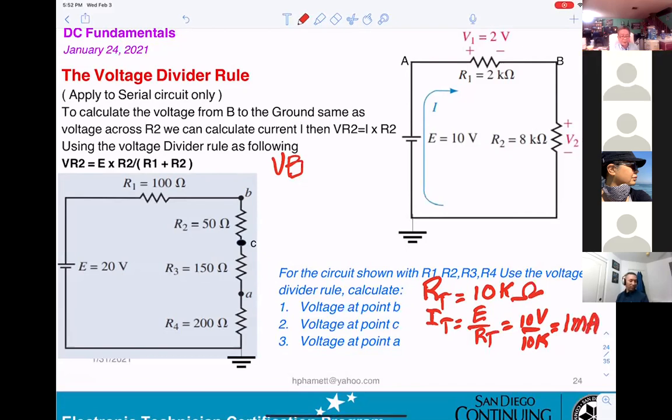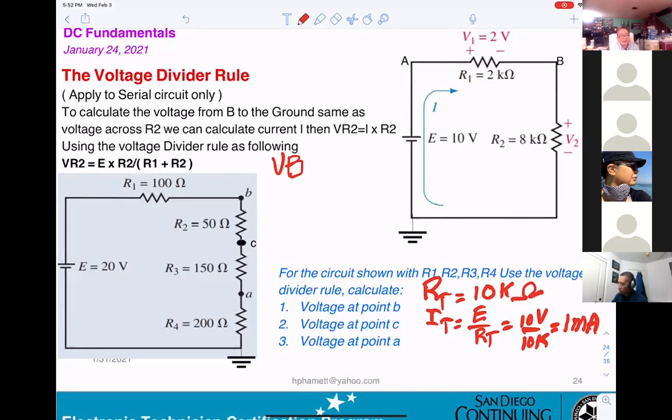The thing is you divide by kilo ohm. Kilo ohm means 1,000 ohm. I don't want you converting times 10 to the power of minus 3. So automatically when you divide voltage by kilo ohm, you must get milliamp.